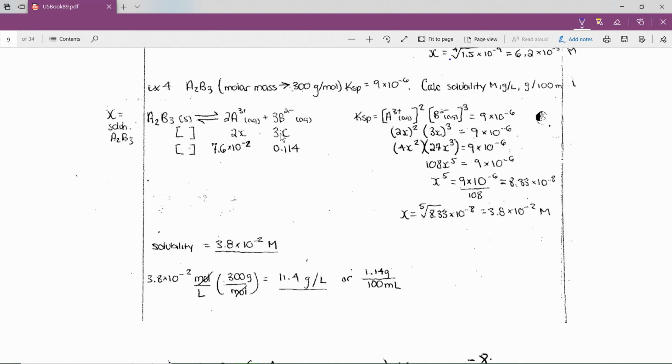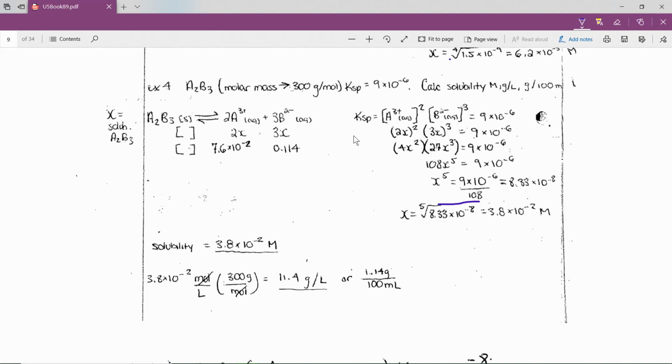So my Ksp is going to be (2X) squared times (3X) cubed, which is 4X squared times 27X cubed. 4 times 27 is 108. X to the second times X to the third is X to the fifth. So X is going to be the fifth root of 9 by 10 to the minus 6, which is my Ksp, over 108.